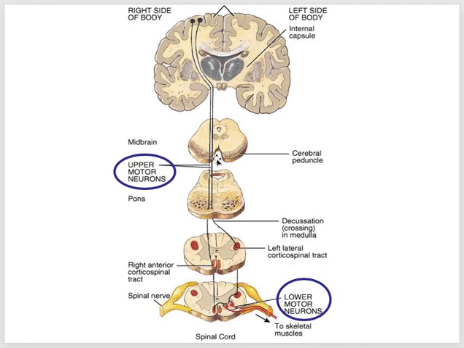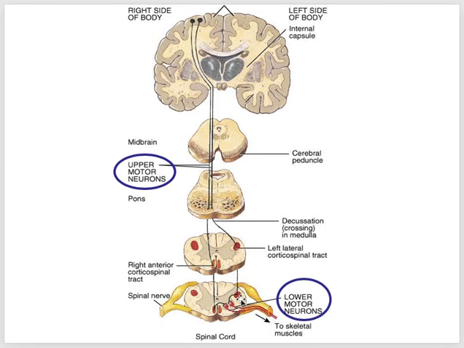Whereas the fibers for the lateral corticospinal tract cross over. One of the words you see in medical books for this crossing over is decussation. So decussation is simply crossing over. These fibers will decussate or cross over to the other side, forming the lateral corticospinal tract. So this one is the anterior corticospinal tract, this one is the lateral corticospinal tract.